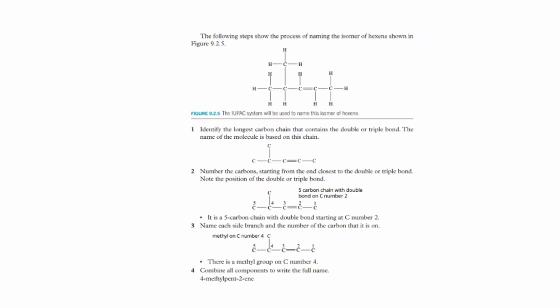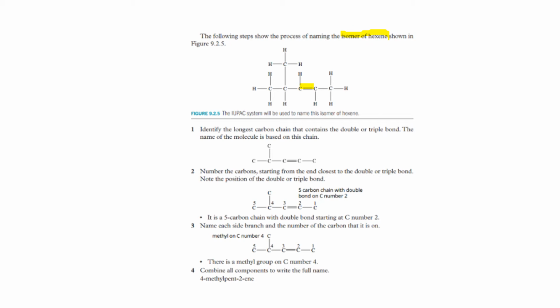As you can see here, based on what is written in the textbook, what is the name of this particular structural isomer of hexene? If you're talking about hexene, it has a double bond. So in this case, it is a structural isomer of hexene. It has a different name, but it has the same molecular formula as hexene, which means the structural isomers of hexene contain 6 carbons.